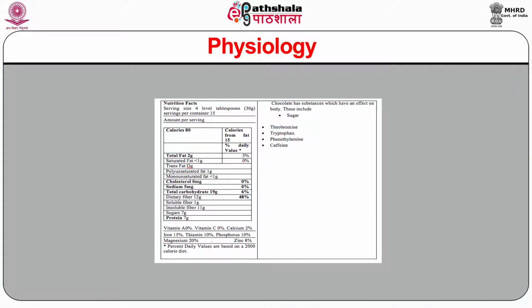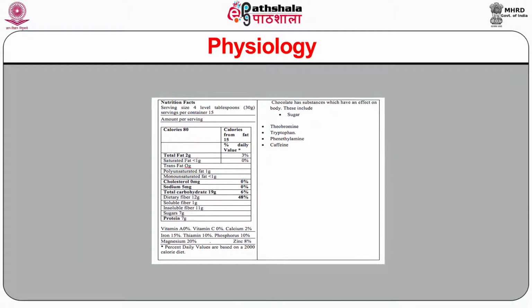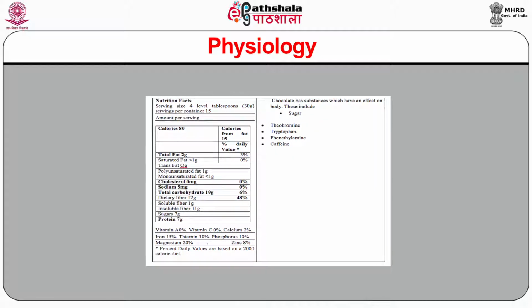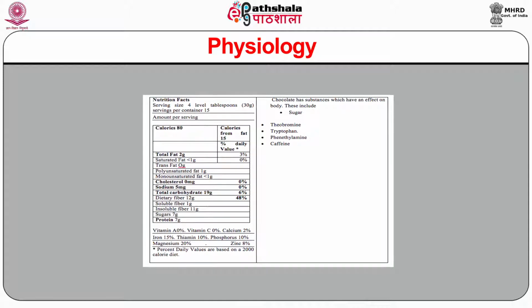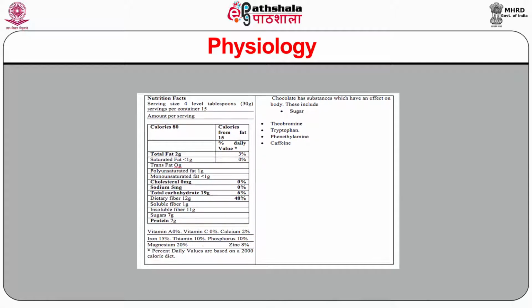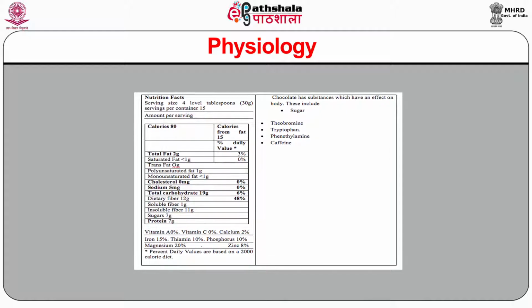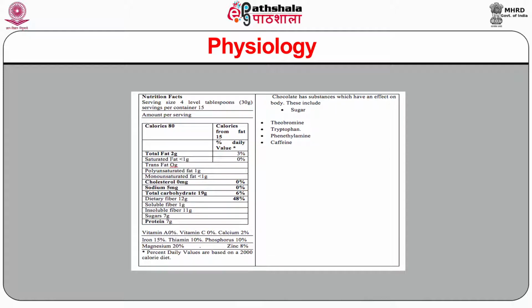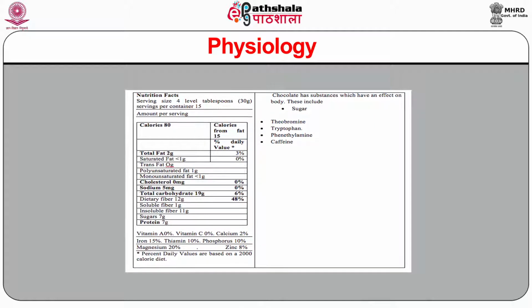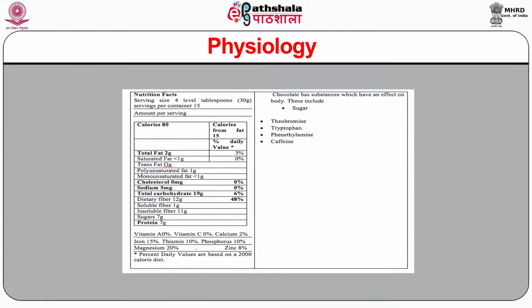Nutritional facts. Serving size 4 level tablespoons, 30 gram. Servings per container, 15. Amount per serving, calories 80. Calories from fat, 15. Percentage daily value, total fat 2 gram, 3%. Saturated fat less than 1 gram, 0%.